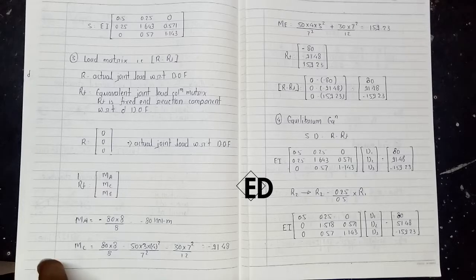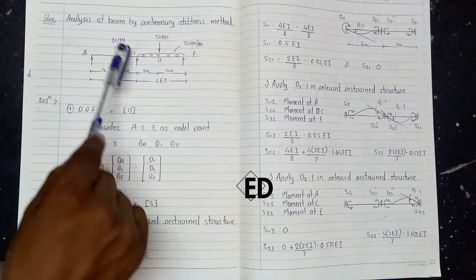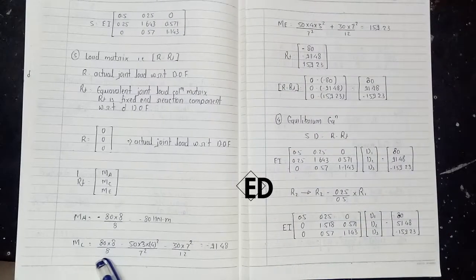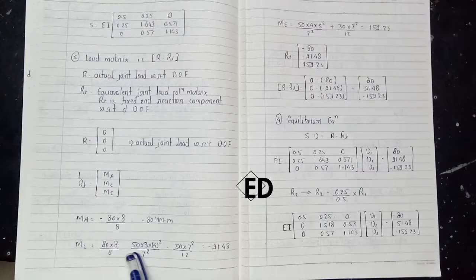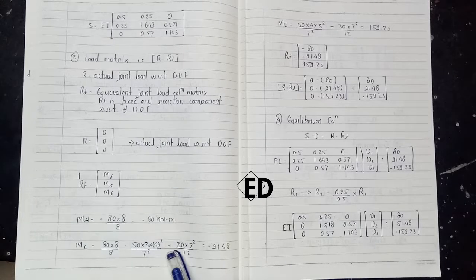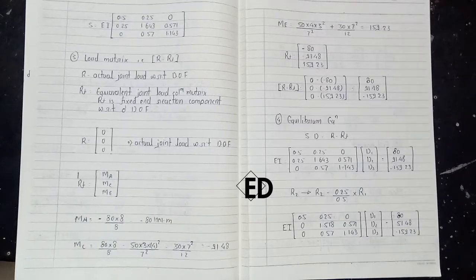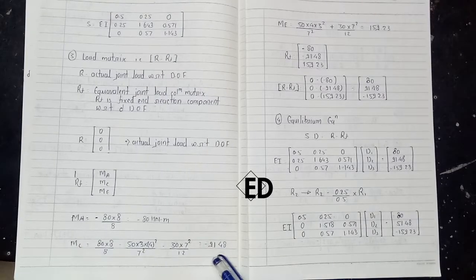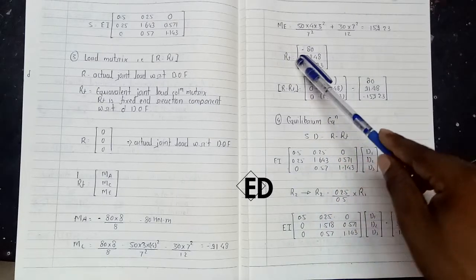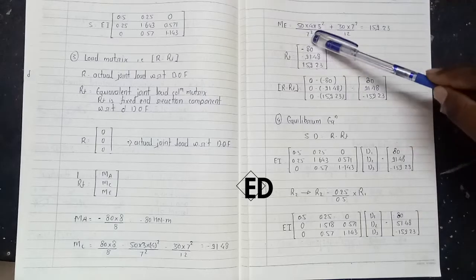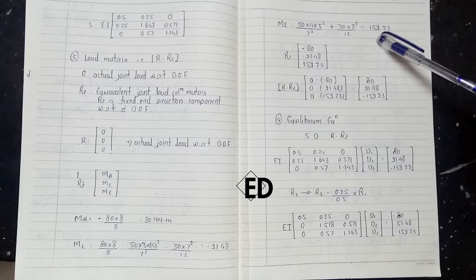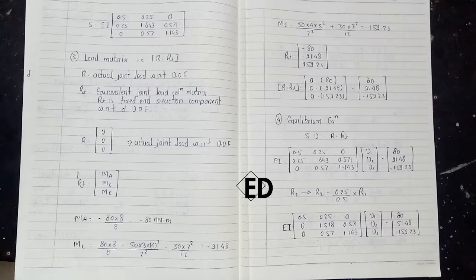MC is the summation of moments due to this loading and due to this loading, so that's why 80 minus P A B square by L square minus W L square by 12. Here we get minus 91.48, and ME is P A B square by L square plus W L square by 12, which gives 159.23 as ME.